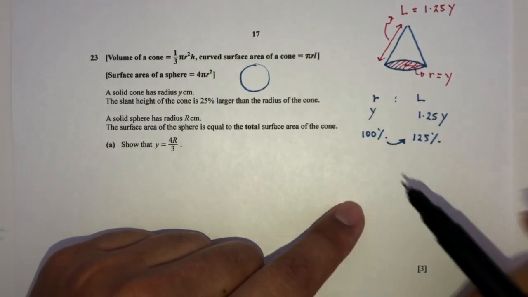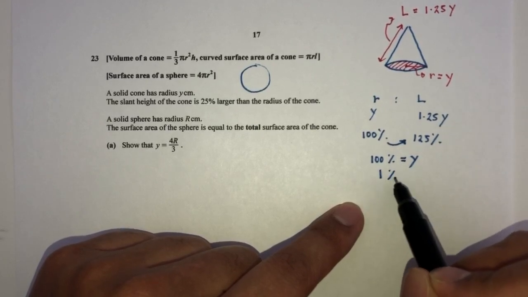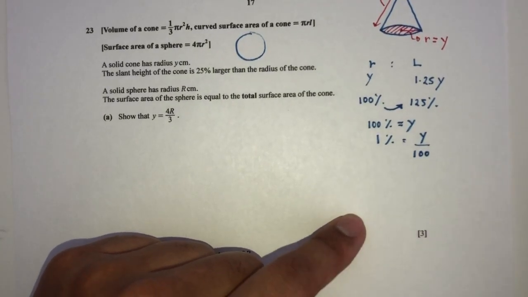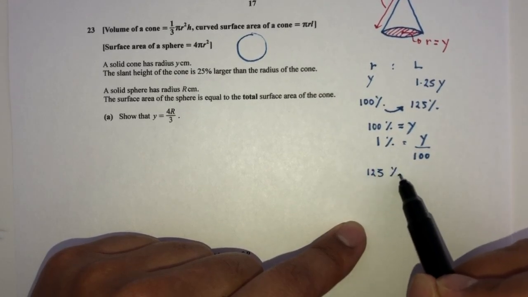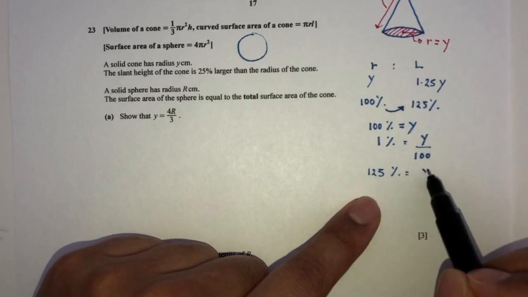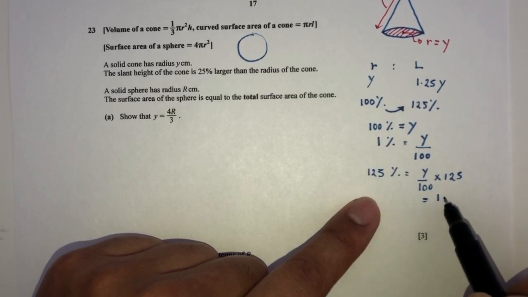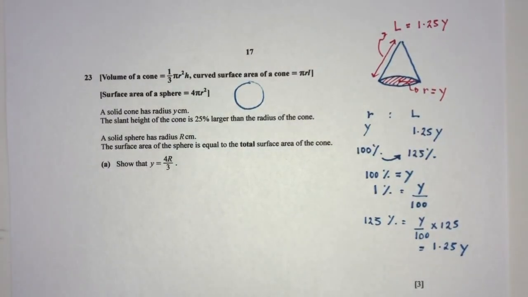How do we do this? By using ratio. 100% is equal to y. So what is 1%? It will be y over 100, dividing by 100 on both sides. Now we need to find 125%. If 1% is this much, 125% will be this much times 125. So by doing this, you will have 1.25y for the value of L. This is how we usually derive this, but with experience, you can just do this in your head and have the value right away.